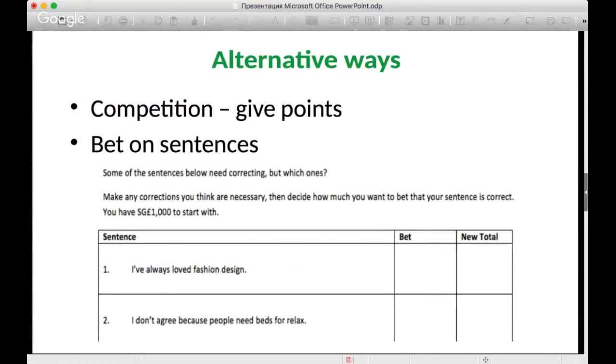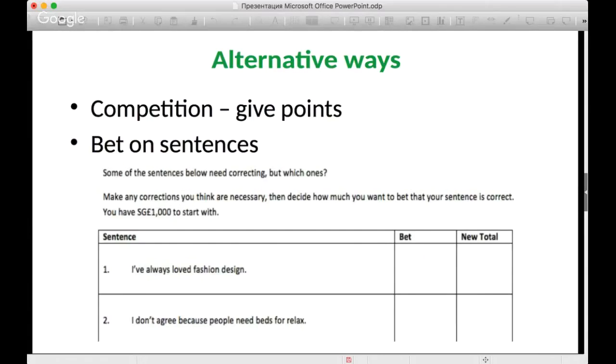They look at the sentences that are already on the board, and they compete to correct the sentences faster, then give you their answers and get points. For example, you say sentence number 1, your students raise their hands, you ask the first hand if their answer is correct, and then this group or pair gets 1 point, for example.